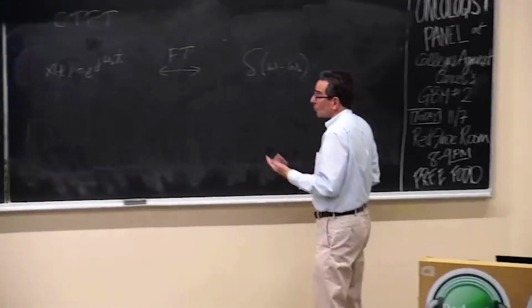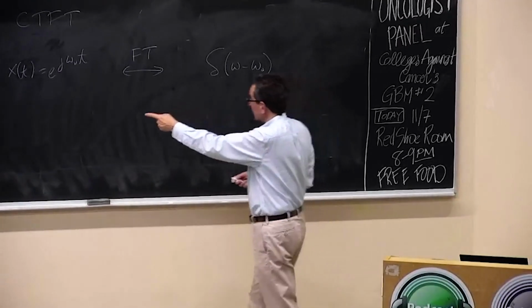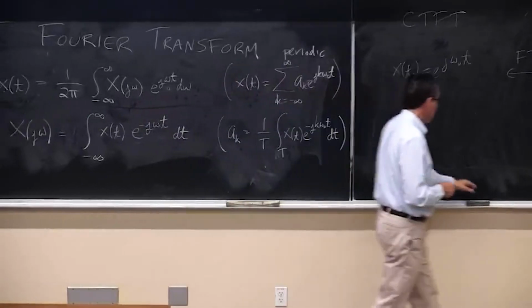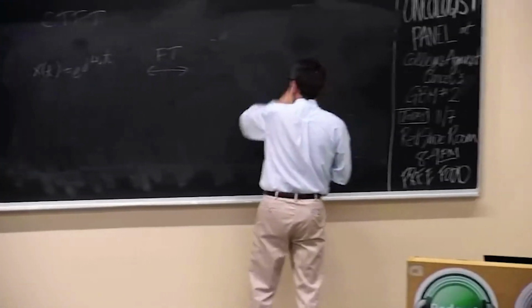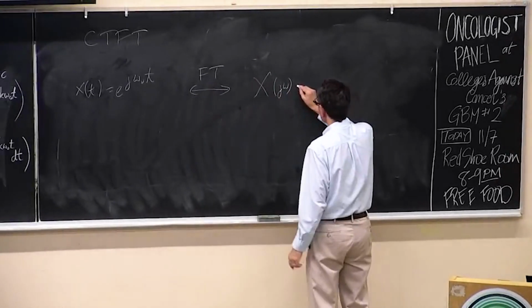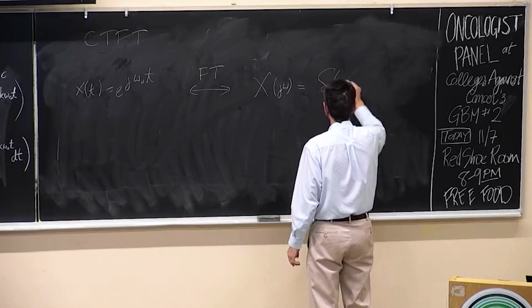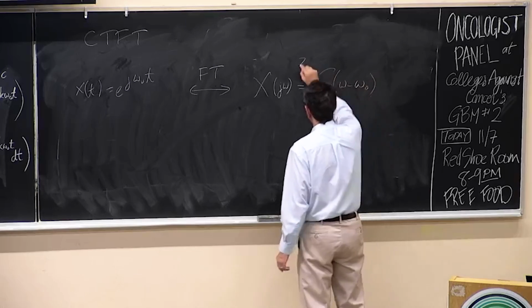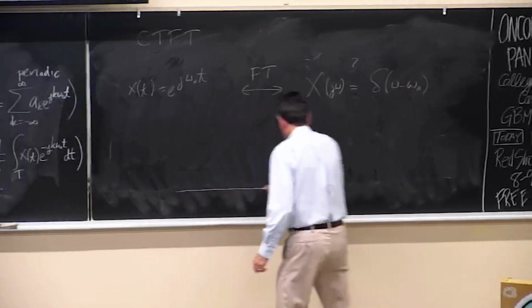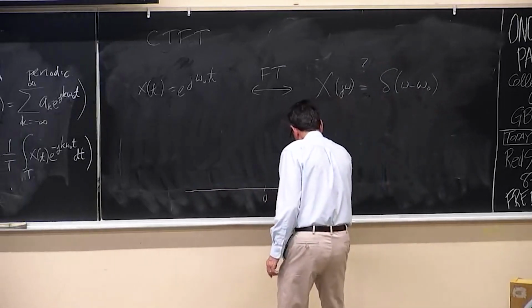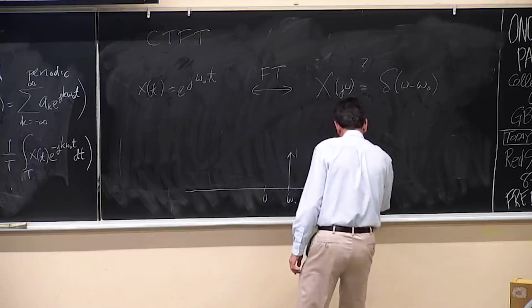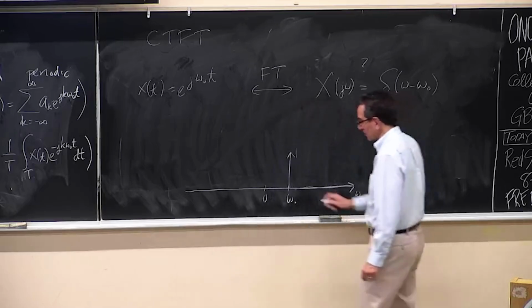Well, if I evaluate now the integral, I'm going to guess that x of j omega for that periodic complex exponential is delta of omega minus omega naught, which is precisely the thing that looks like what we're after. Here's omega naught, and it's got the value 1 there and 0 everywhere else. That's our continuous frequency version.